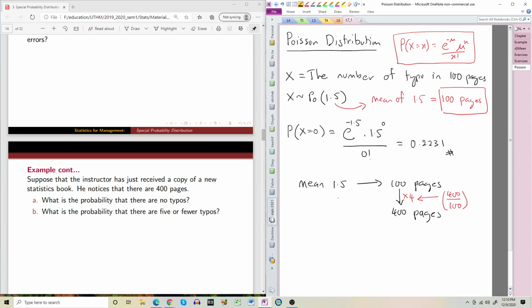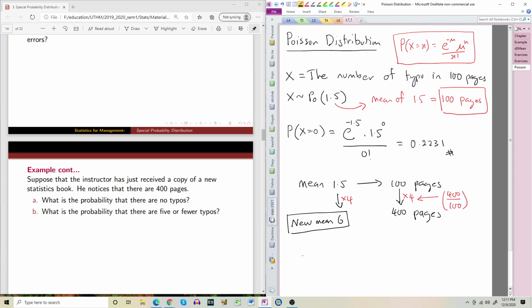Same thing for the new mean, I times 4. The scale must be same. If you times 4, what do you get? 6. New mean. The new mean is 6.